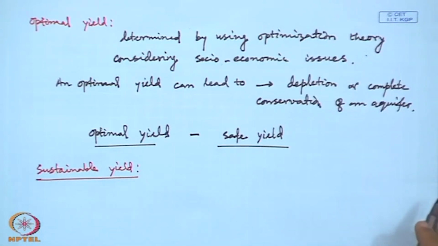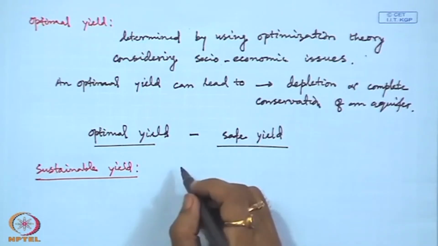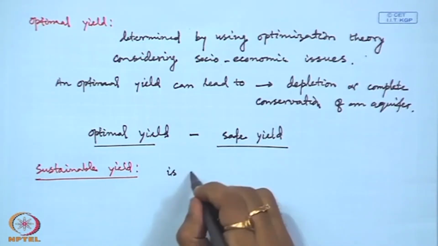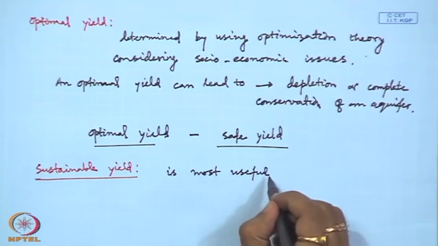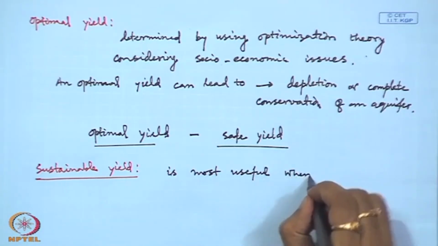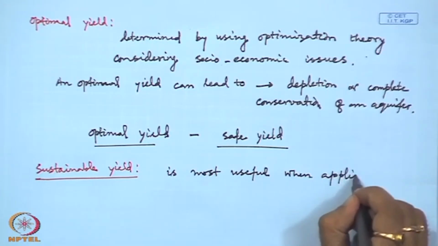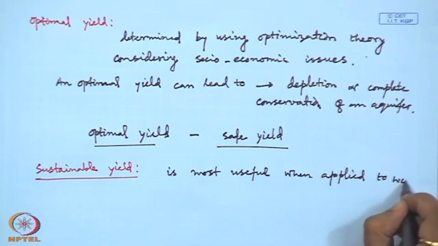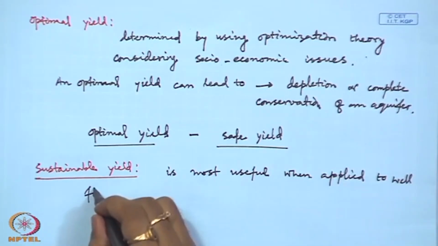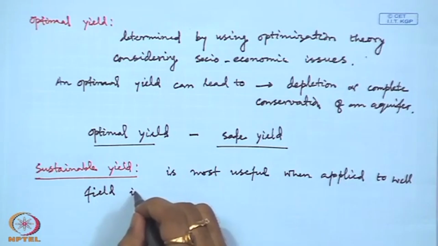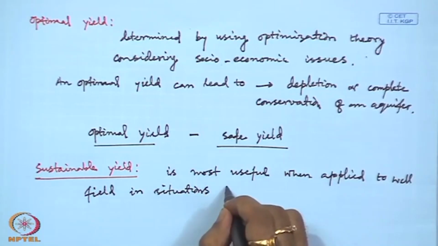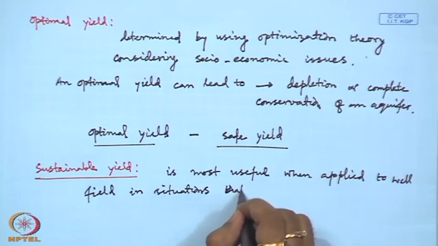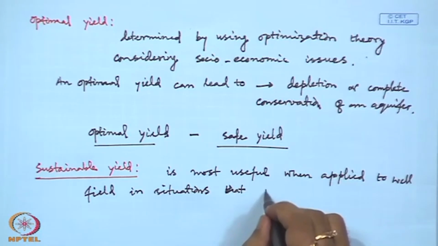What is this sustainable yield? Sustainable yield is most useful when applied to well field in situations that Thomas has termed as water course aquifer.